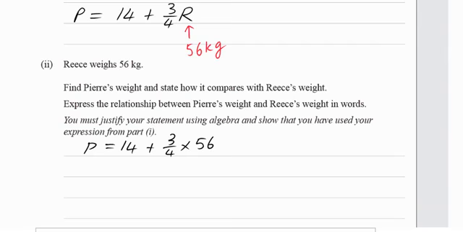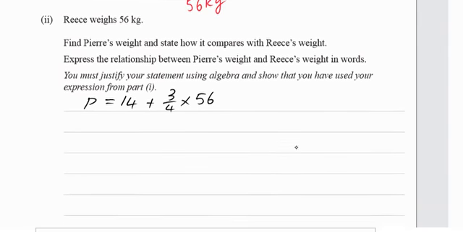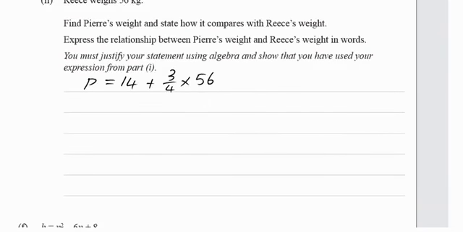Now, keeping in mind that you don't have access to your calculator in this assessment, you want to think about if there's any easy ways to do this calculation without a calculator. And when you're timesing by a fraction, this number here is getting divided by the bottom number of your fraction. And so that's where we want to start really, 56 divided by 4.